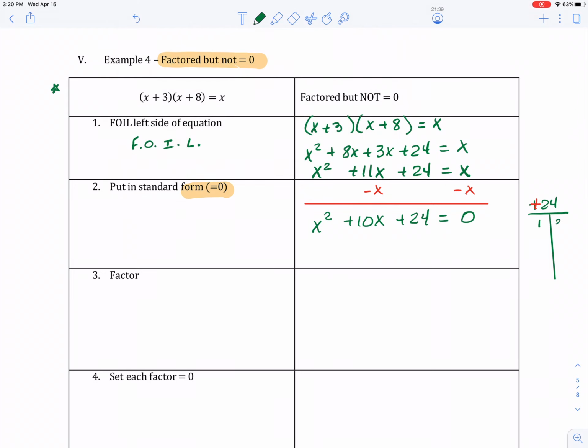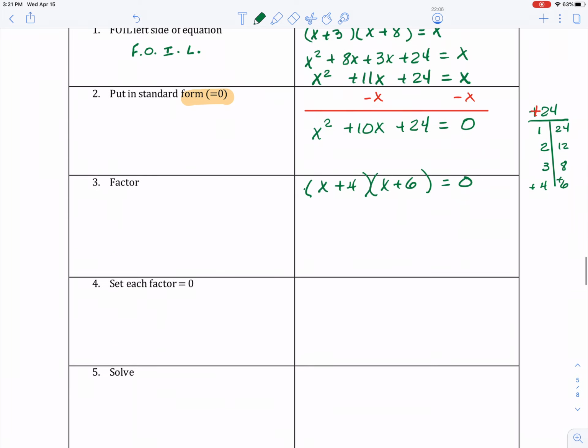So the combinations are 1 and 24, 2 and 12, 3 and 8, 4 and 6. So I'm going to go with the positive 4 and the positive 6 so that I get the positive 10 in the middle and the positive 24 on the end.